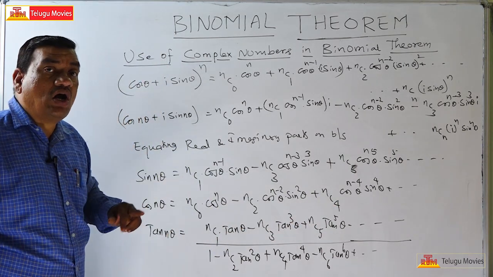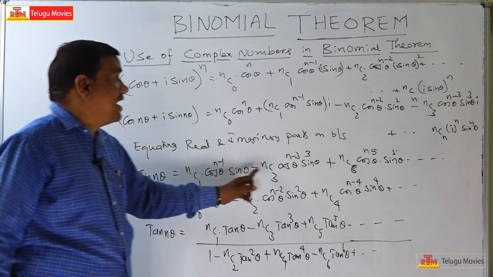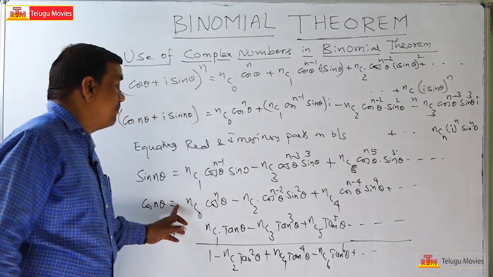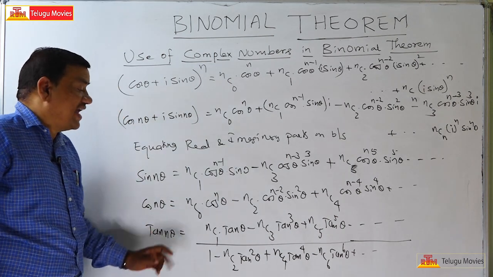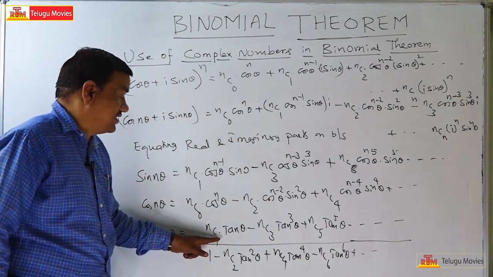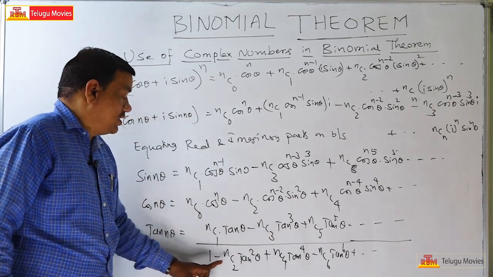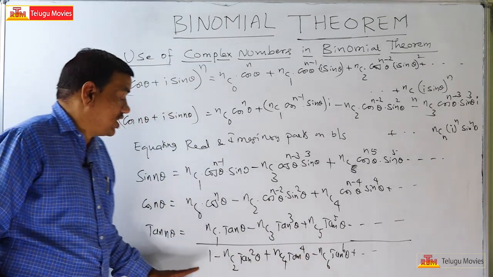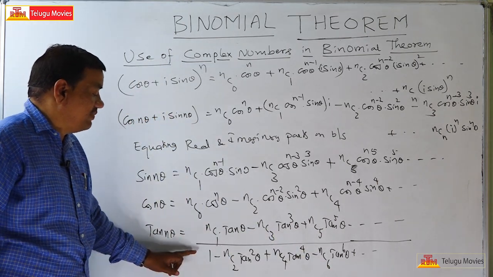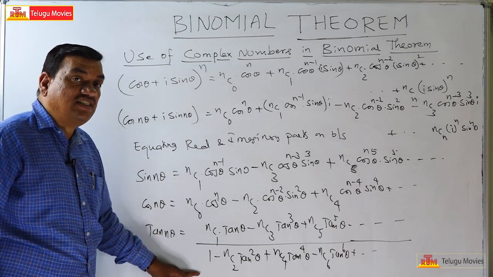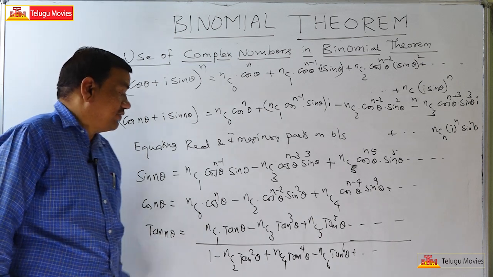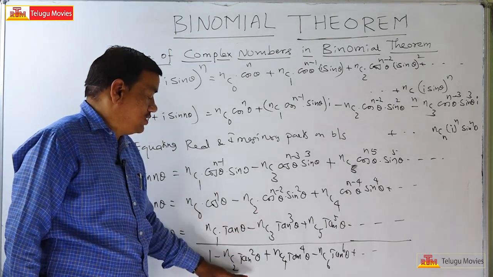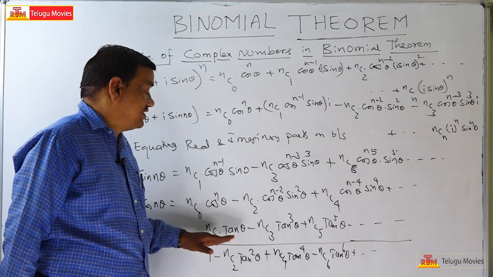For both, the signs alternate: plus, minus, plus, minus. For tan n theta, the odd suffixes 1, 3, 5 on top and the even 2, 4, 6 down below, starting with 1. Understand why? Because nC0 will be there, and nC0 means 1. So top odd, down even.